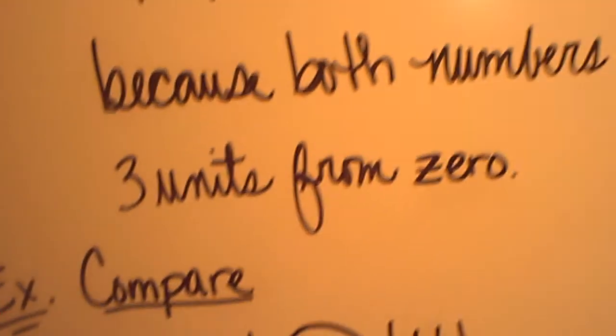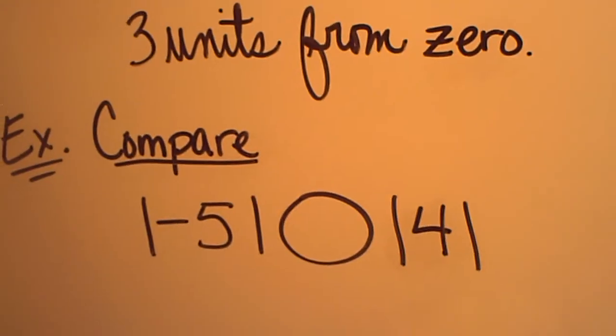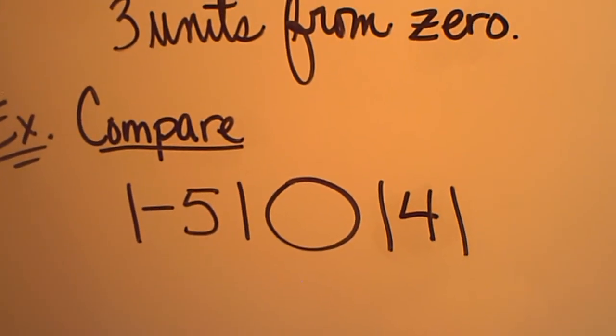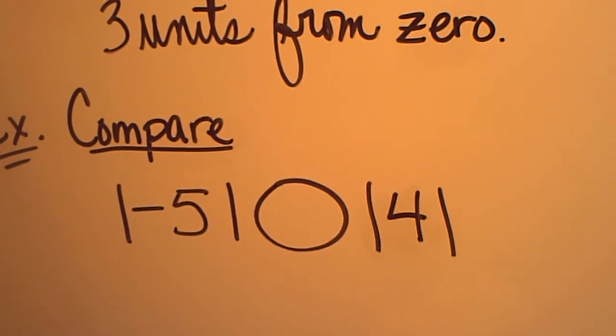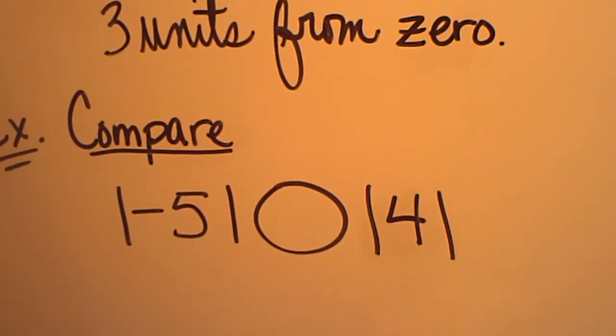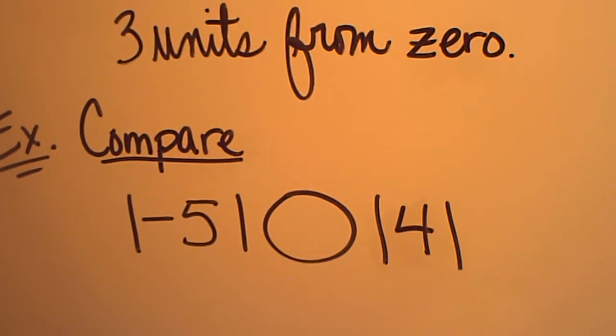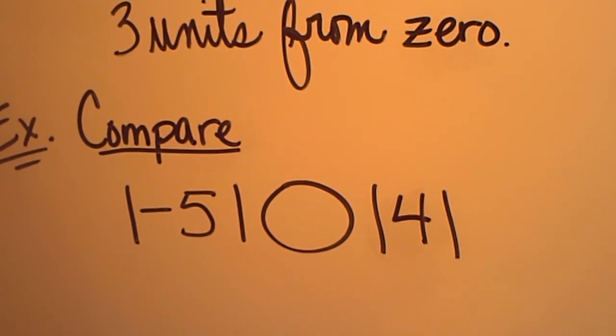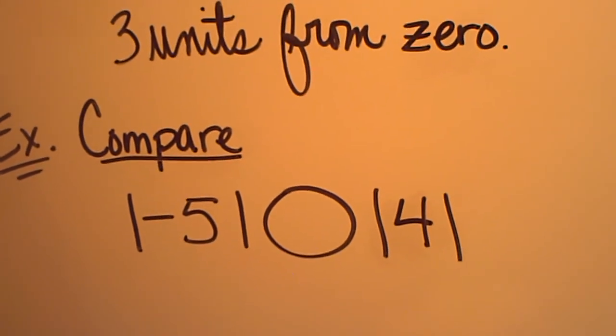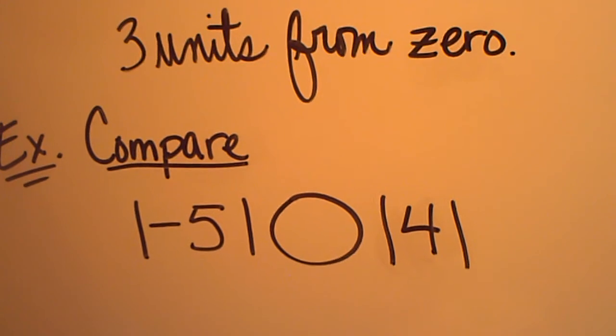Okay, so for instance, let's say we wanted to compare the absolute value of negative 5 and the absolute value of 4. What do we mean by compare? Well, we mean which number is furthest from 0. The number furthest from 0 is negative 5.